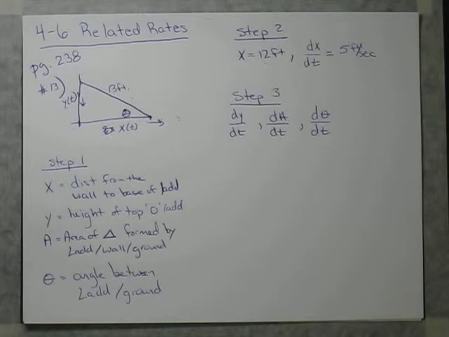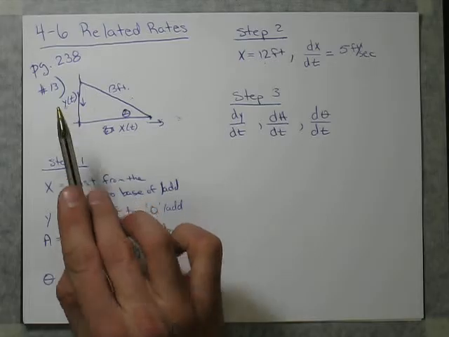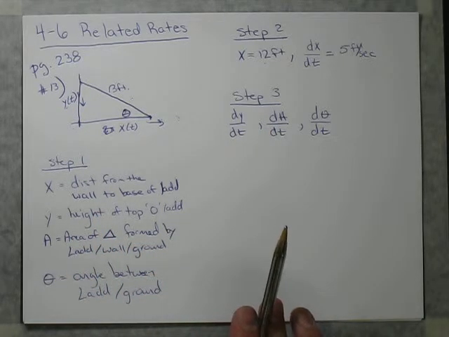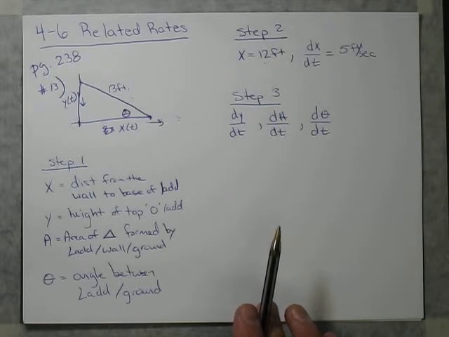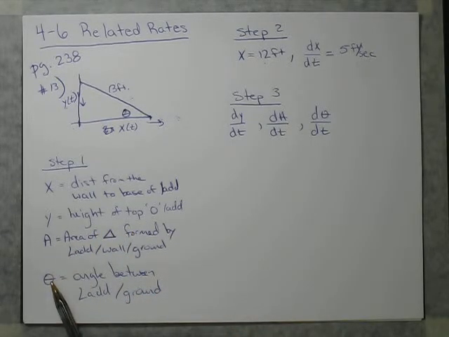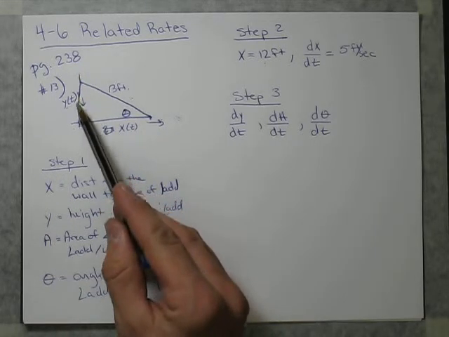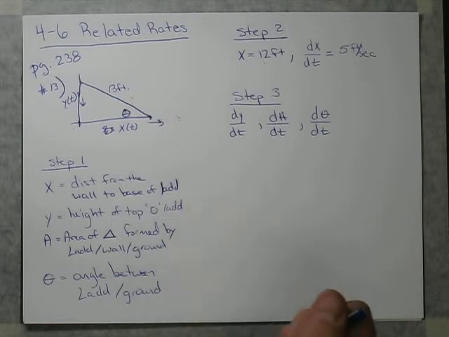Well, the issue is I have variable x, I have variable y. Now, when I'm saying the variables, which part am I referring to? I'm referring to A, how fast is the top of the ladder sliding down the wall? So I actually don't necessarily want to include right now the area or theta. I'm just going to be dealing with the x and the y for the height of the ladder going down compared to the base of the ladder going out.